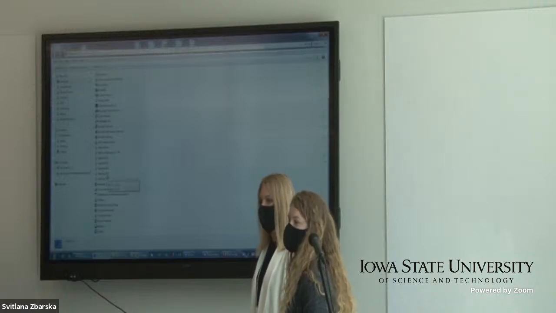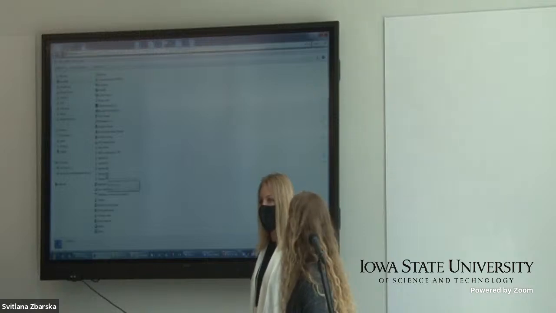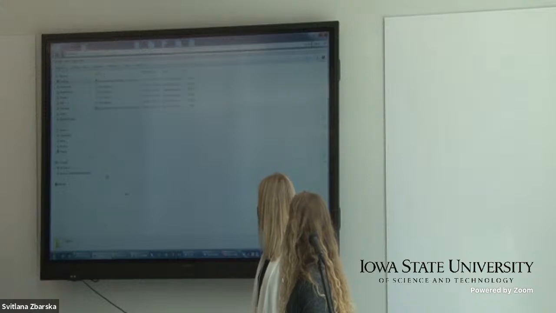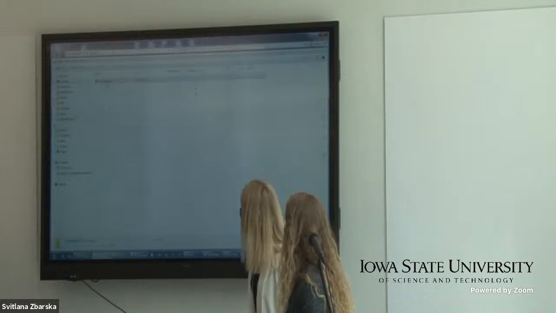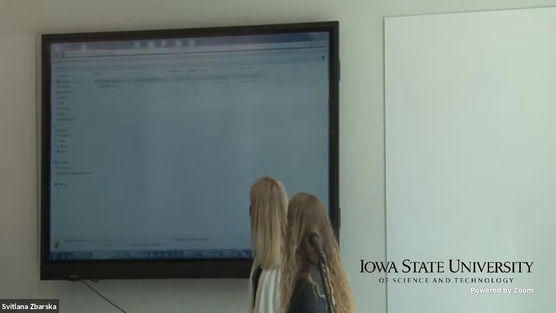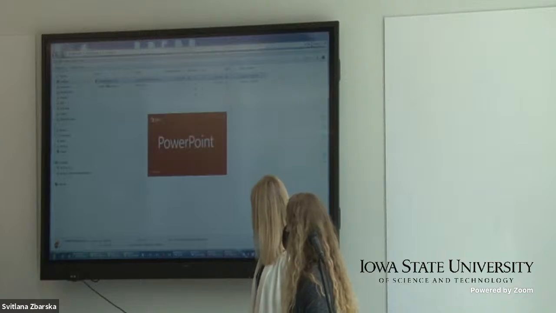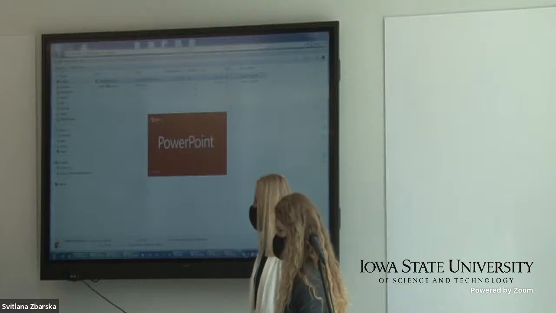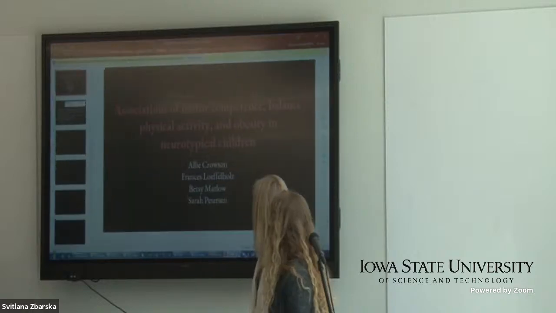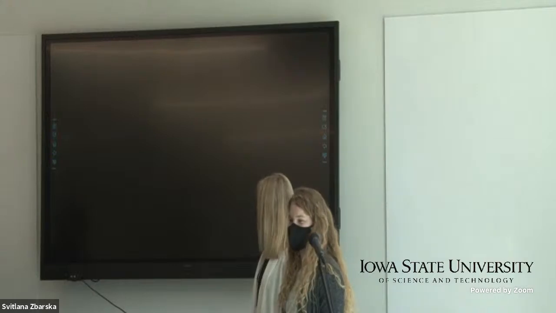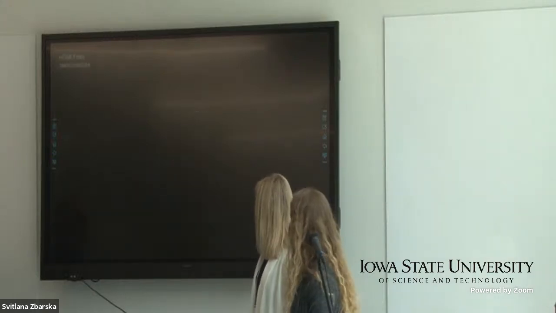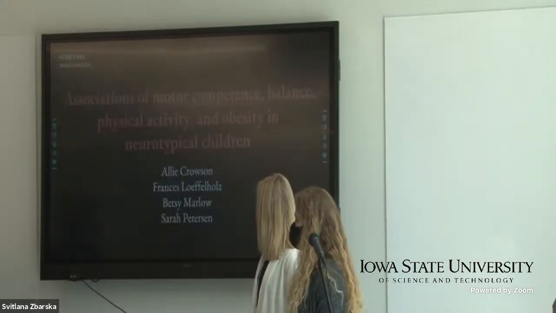This section is 4. 4, okay. 4E, then Marlowe. We're getting there. All right.